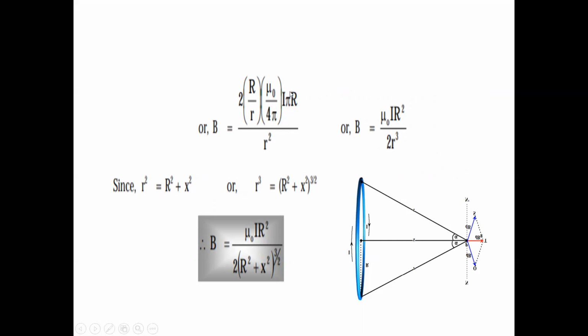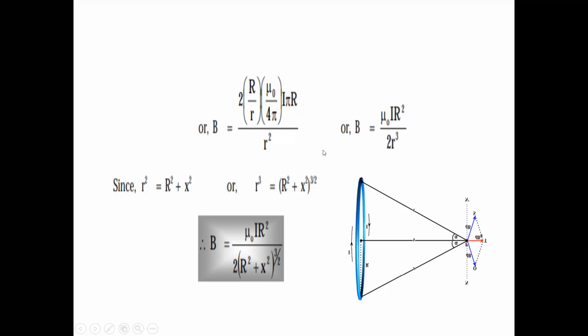So simply here pi value is cancelled, and r square becomes r cube. So the magnetic field intensity due to the circular coil at the point P is B is equal to mu naught I R square by 2 r cube.